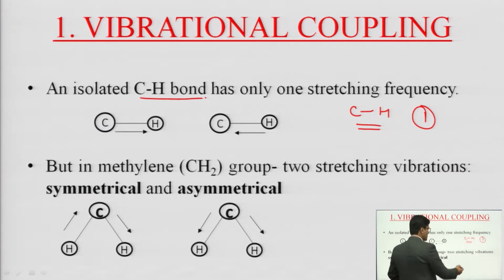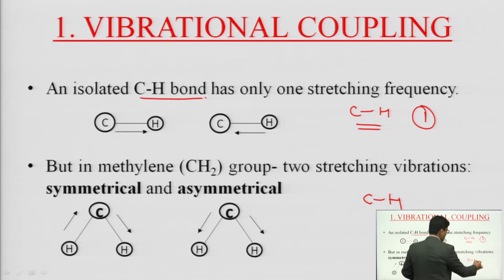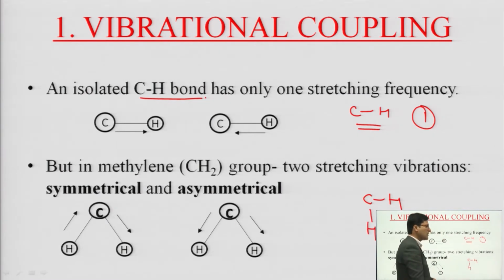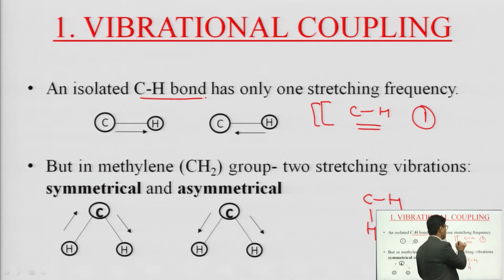As the second CH comes into the picture, in such compounds we can observe a symmetrical or asymmetrical stretching. An isolated CH has one stretching mode, but two bonds having one common atom can stretch symmetrically or antisymmetrically, that is, asymmetrically.